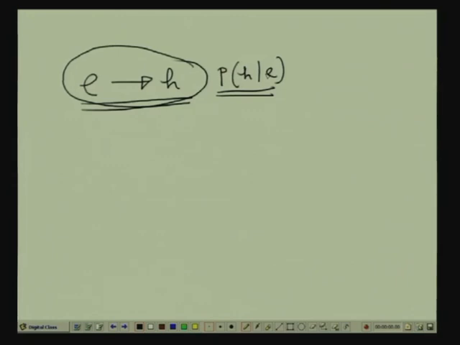So, Bayes' theorem forms a basis of reasoning, probabilistic reasoning. In this lecture, we could not complete that, but in the next lecture, we will start with the Bayesian reasoning techniques using this Bayes' theorem.